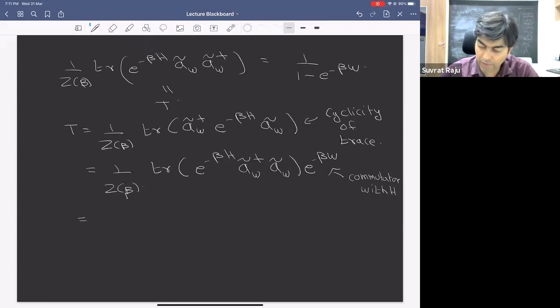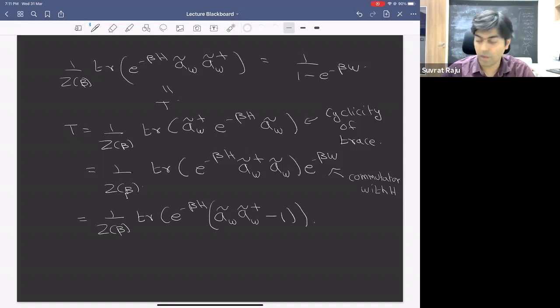But now I also have the commutator of a omega dagger with a omega tilde. Right? I know I can write a omega dagger with a omega tilde as a omega tilde. I can interchange the order of these two at the cost of a 1. Right? So this is in fact the same as the trace of e to the minus beta H into a omega tilde dagger minus 1, into e to the minus beta omega.